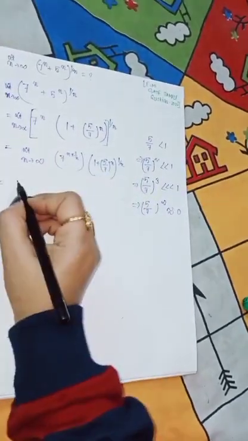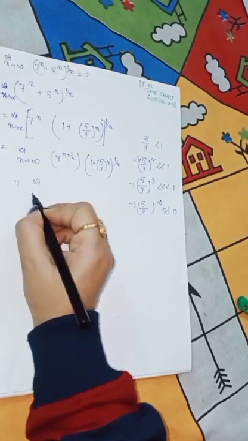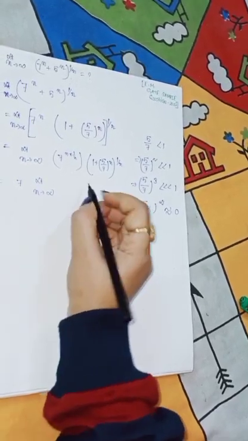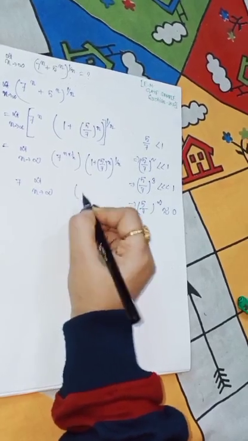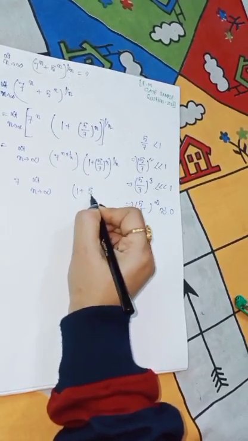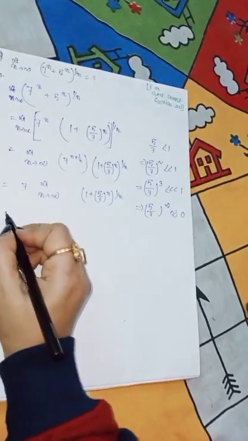So n and n are cancelled, so it is only 7 into limit n tends to infinity of (1 plus (5 by 7) whole n) to the power 1 by n.